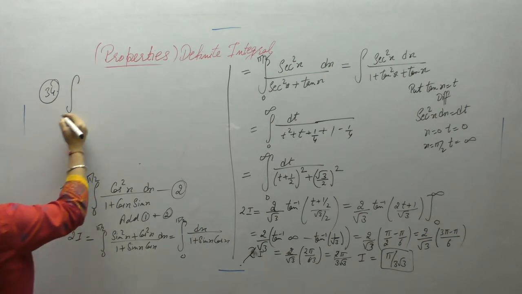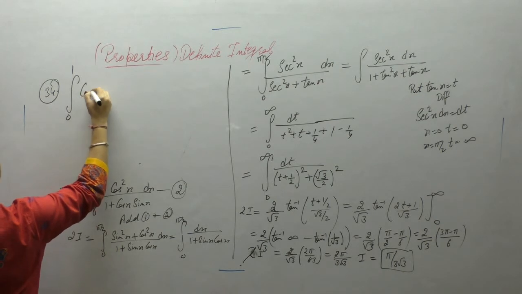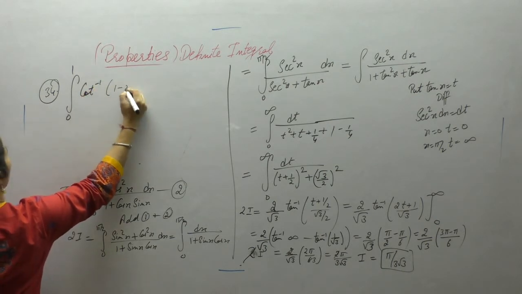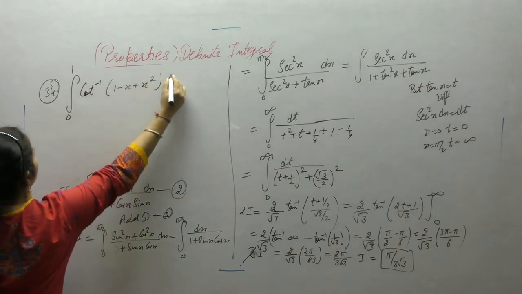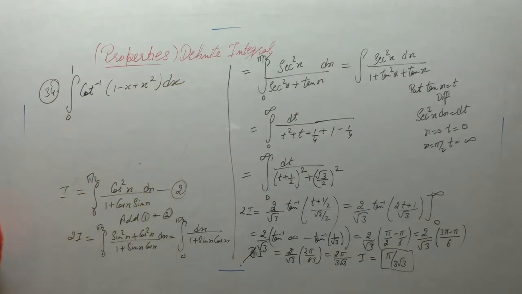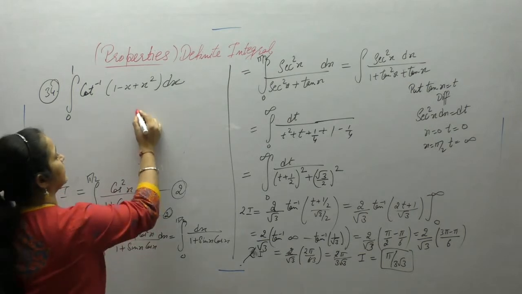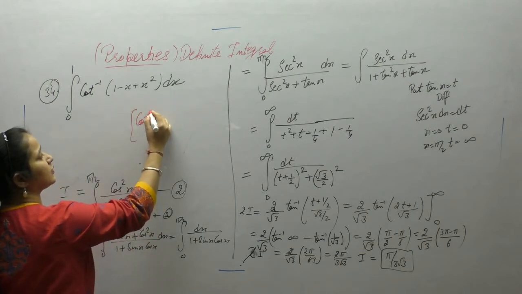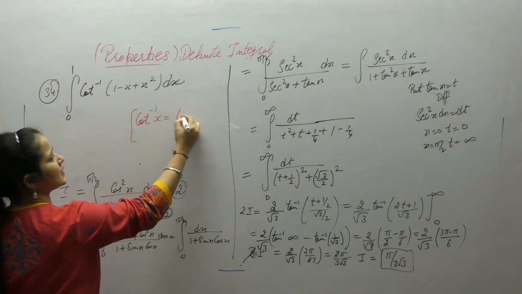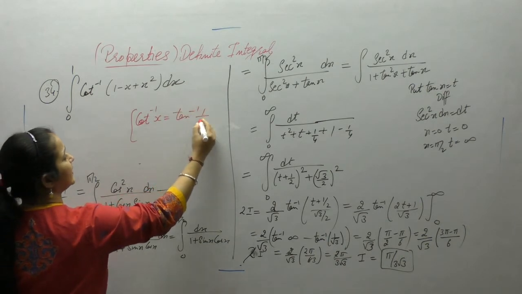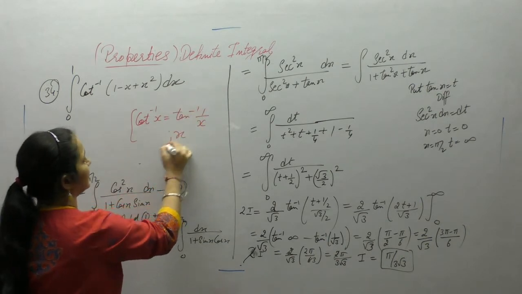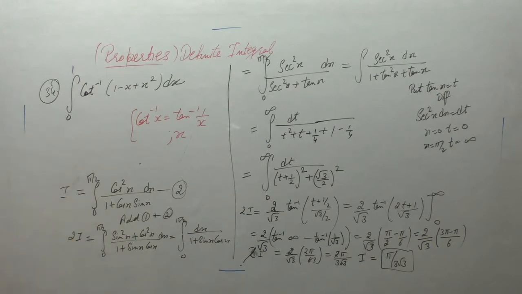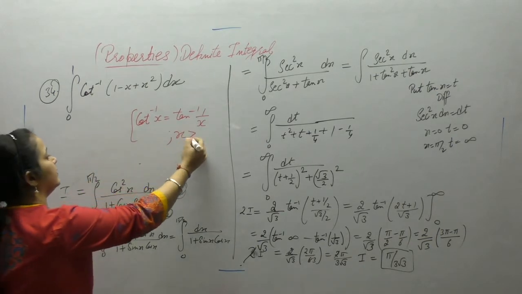Next one is the integral from 0 to 1 of cot inverse of (1 minus x plus x square) dx. Now we know one formula: cot inverse x is equal to tan inverse 1 upon x when x is greater than 0.